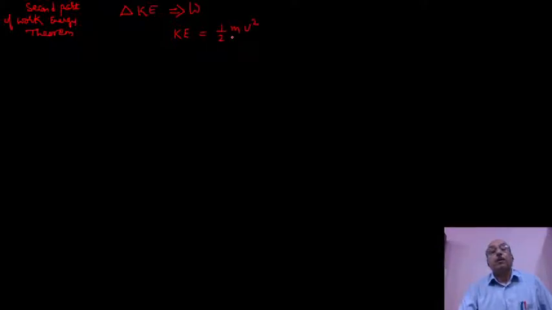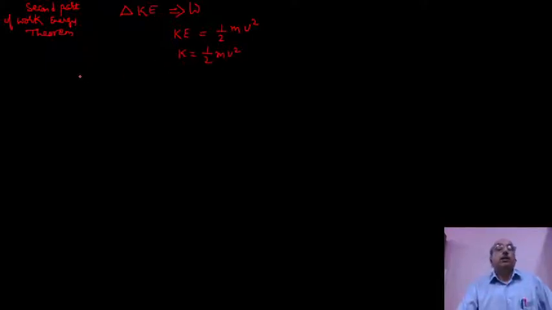This is the second part of the work energy theorem. Now here we have the kinetic energy of a moving object as half m v squared. If we write kinetic energy as K, then it is half m v squared.